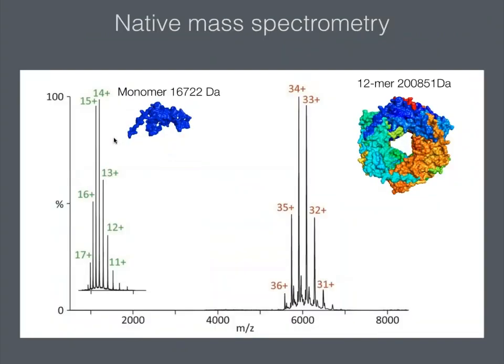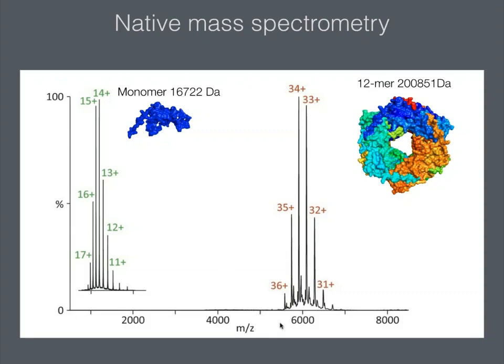I'll just show you how the experiment returns data. This is the same protein I showed you before, made of 12 subunits that are identical in mass, each just about 16, nearing 17 kilodaltons.